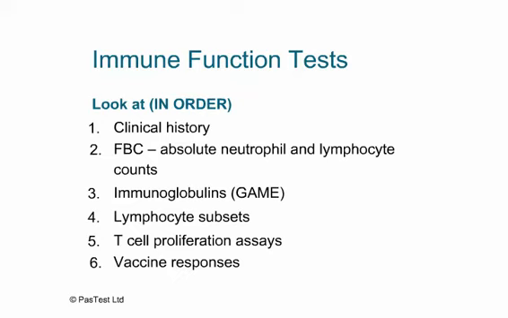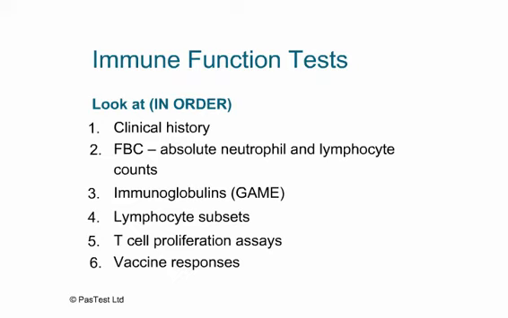And this allows an assessment of how activated the T cells are getting. And where you have a T cell problem, a T cell immunodeficiency, then the T cells are not going to be able to be activated properly and are therefore not going to proliferate.